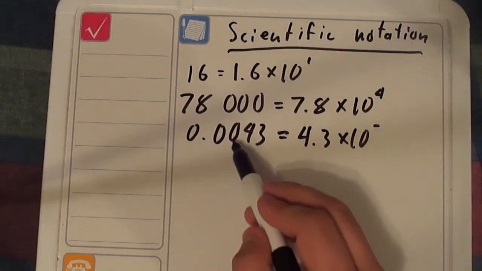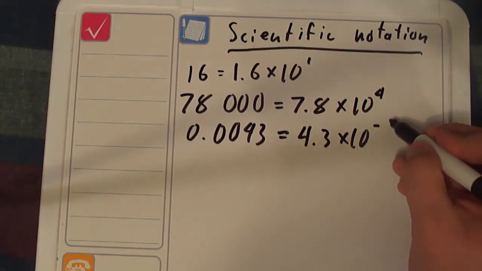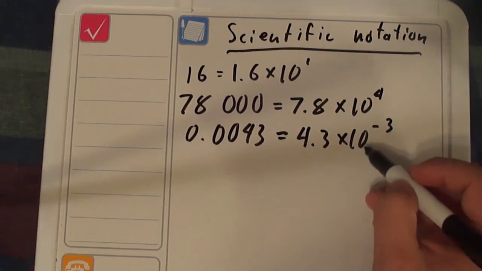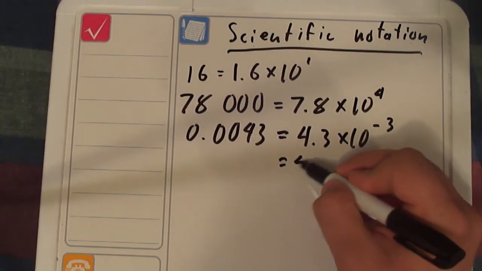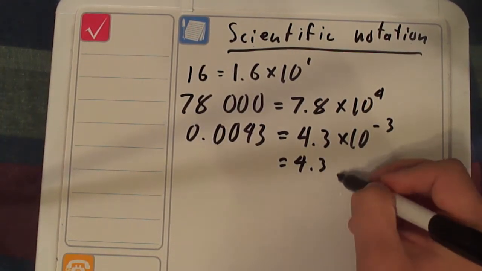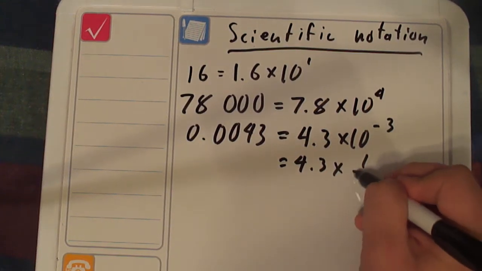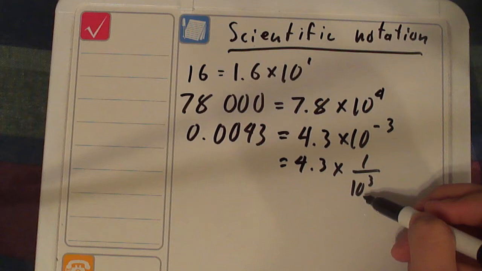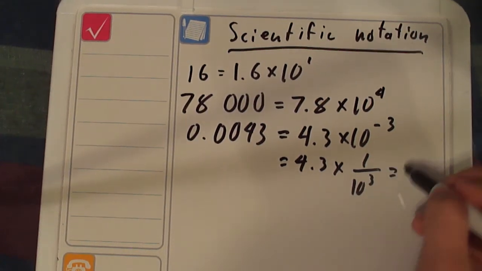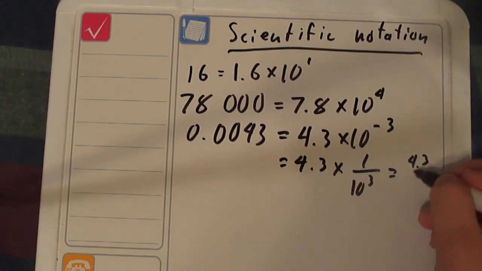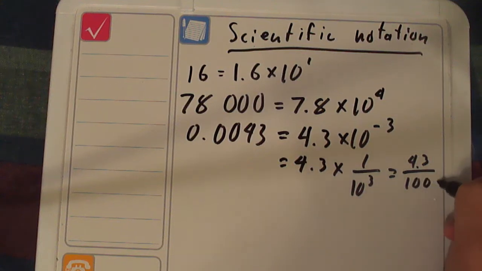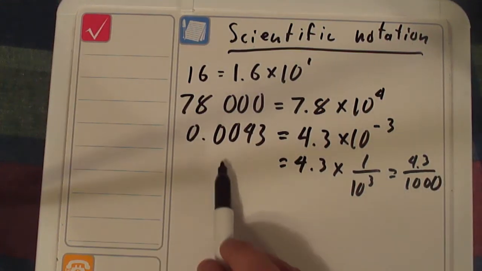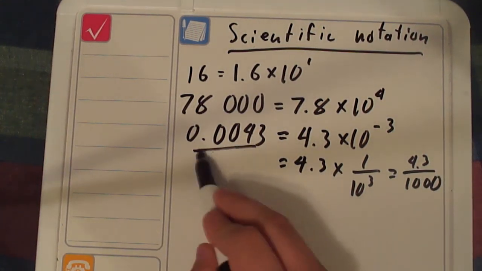So you're going to get a 1, 2, 3, so negative 3. Because this is actually 4.3 times 1 over 10 cubed, so 1 over 1,000, which is also 4.3 over 1,000. Which is that number.